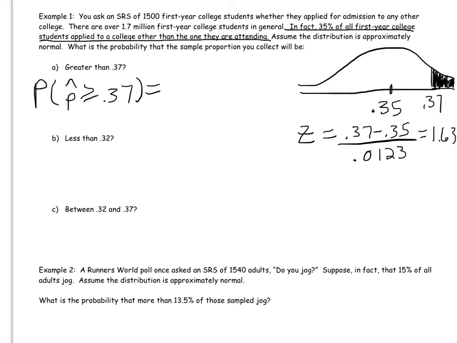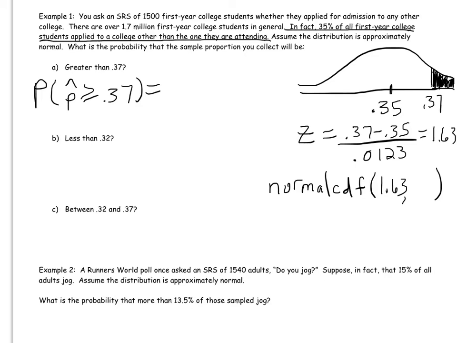So now how am I going to figure out this area under the curve? I'm going to do a normal CDF of 1.63 to infinity. And remember, when you're using the normal CDF function, it's the starting z-score and the stopping z-score. So the starting z-score is 1.63, but then I'm looking for that entire right tail probability.